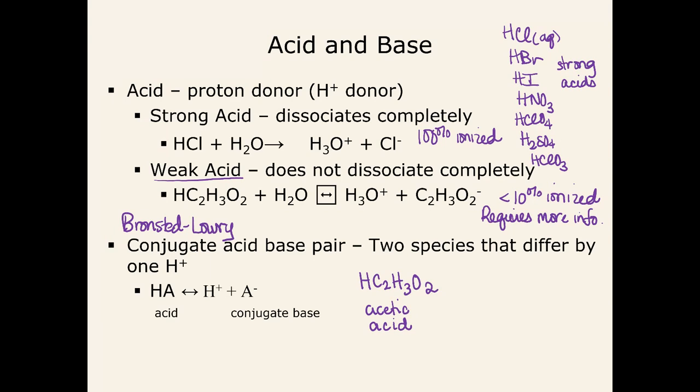And so it's our weak acid, and then its conjugate base is acetate. And the acid base pair differs by 1 H plus. So this is the acid, and this is the conjugate base. Okay, we're going to keep practicing that here.